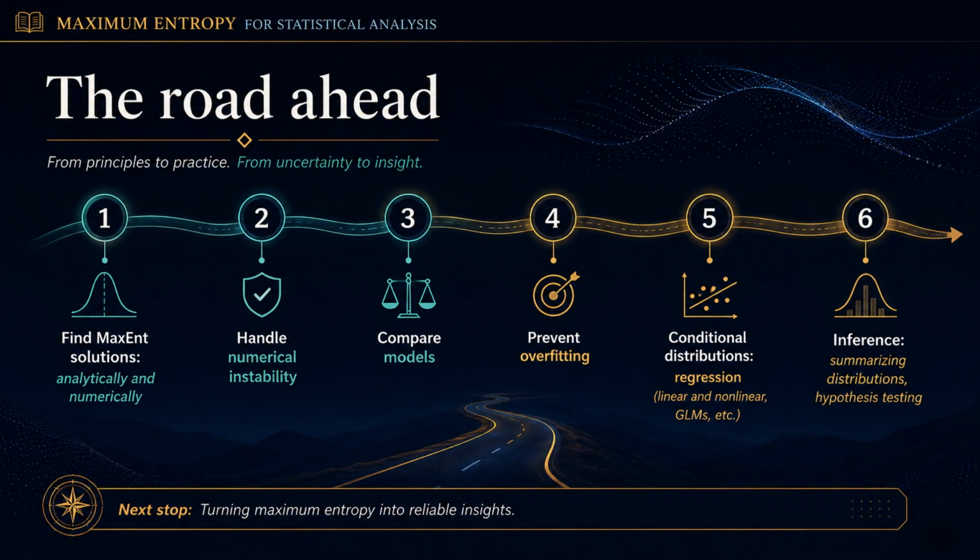So, as we go forward in this series, the road ahead will look more or less like this. We'll begin by learning how to find solutions to MaxEnt problems, and we'll start with some analytical problems, and what we will find on the other end are some of our closed form exponential family distributions like the binomial and normal distribution.